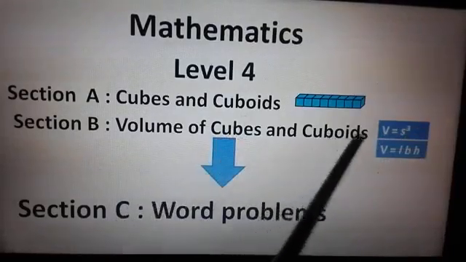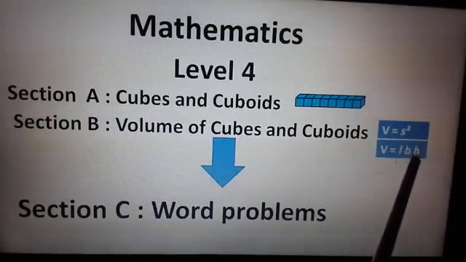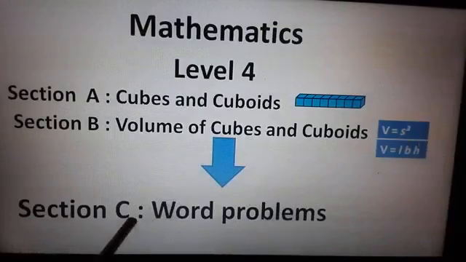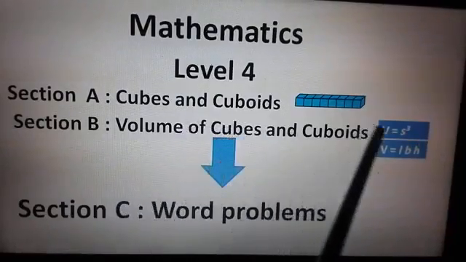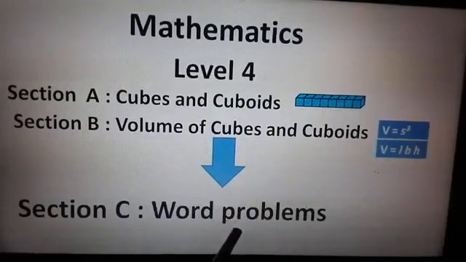For a cuboid, we use the equation LBH, that means length times breadth times height. In section C, we are using these formulas to solve problems. Now, we can move to section C.